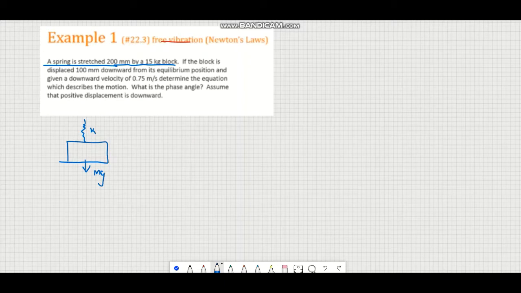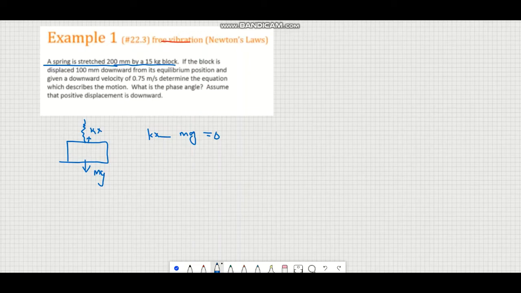The force acting downward is mg, and then the spring wants to take it to the equilibrium point, which is kx, going upward, right? So kx minus mg is gonna be in equilibrium, right?